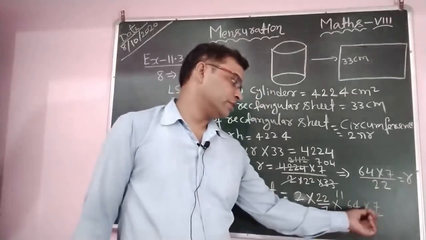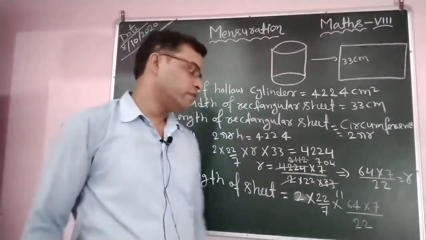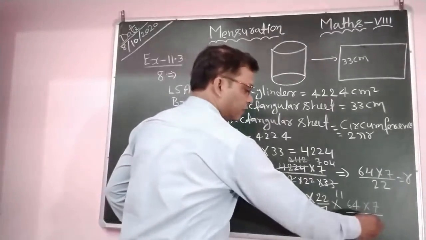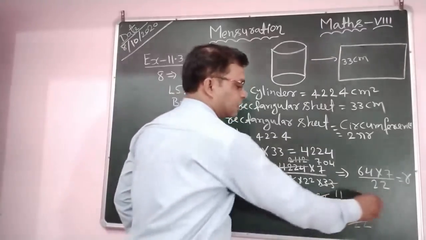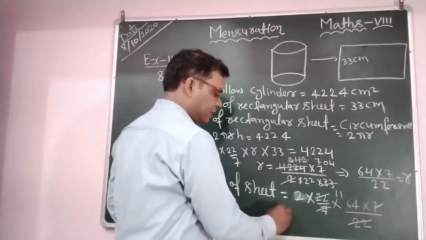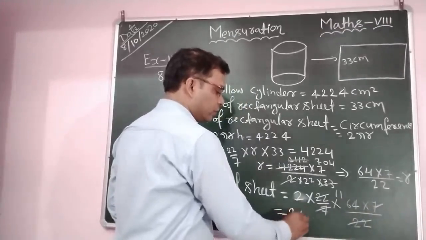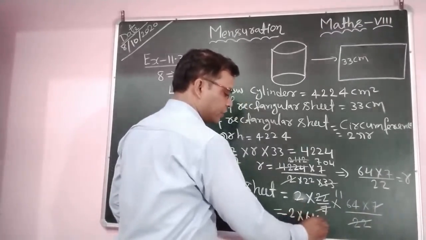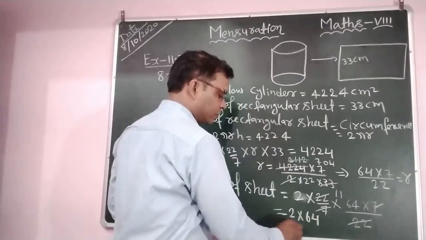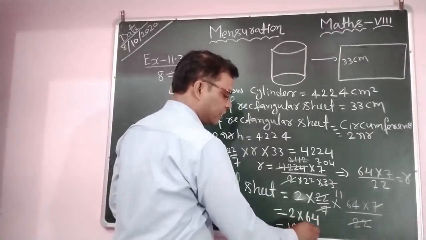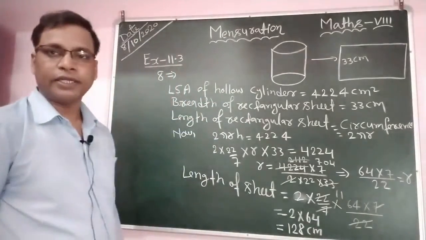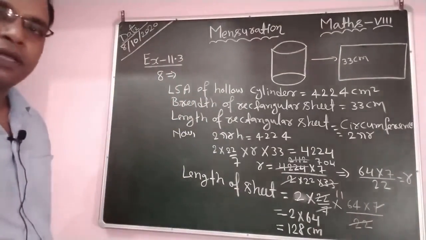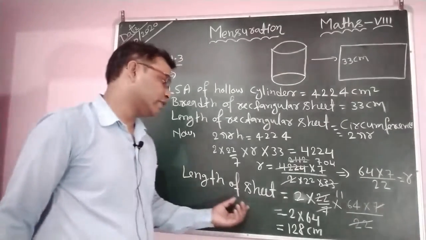When you cancel it, 22 by 22, 7 by 7, then you obtain 2 into 64, or you can say this is equal to 128 centimeter.